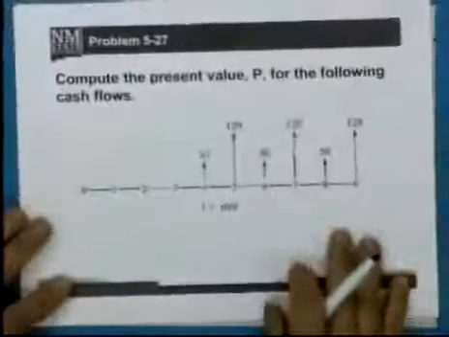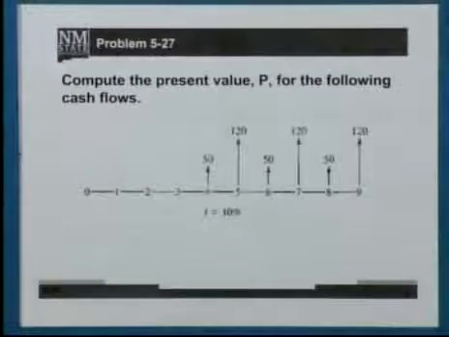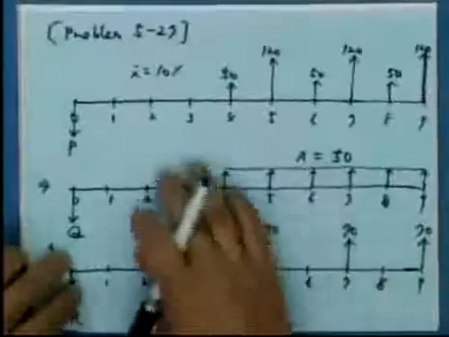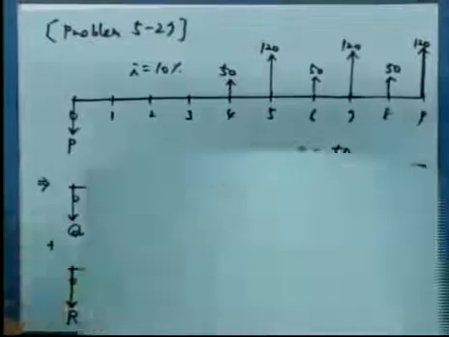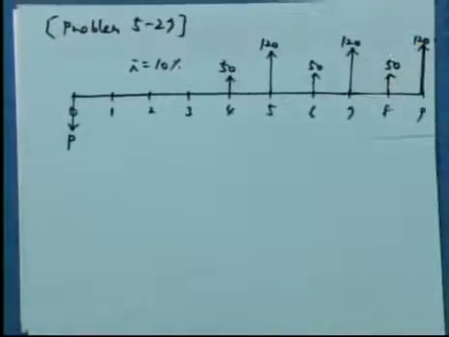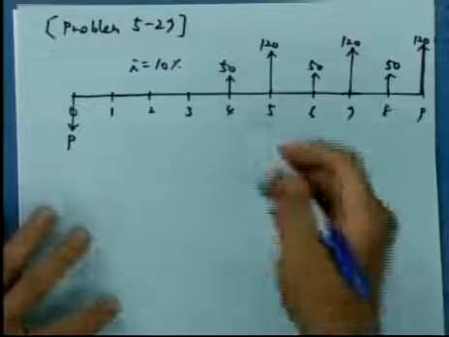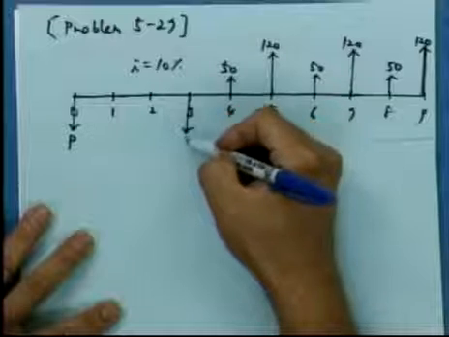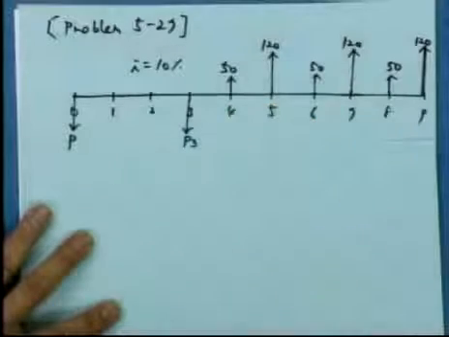Or alternatively, you may set up, here, this is the original cash flow diagram, right? Or alternatively, you may set up, let's say, P3 at the end of period 3.